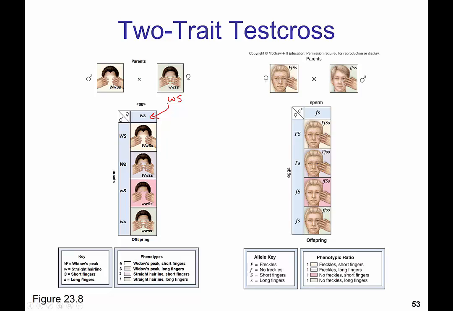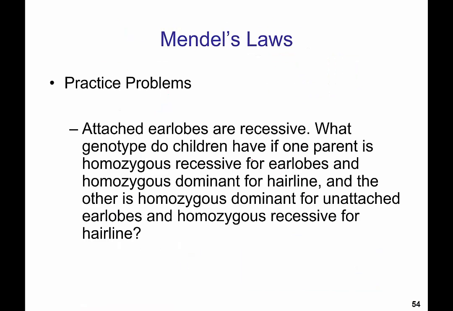This shows the phenotypic ratio, the 1 to 1 to 1 to 1, when we have the test cross showing the results of a dihybrid for 2 traits crossing with a homozygous recessive individual for 2 traits. Notice how, even though we have slightly different traits in these 2 tables, the results are the same. Let's do some practice problems.